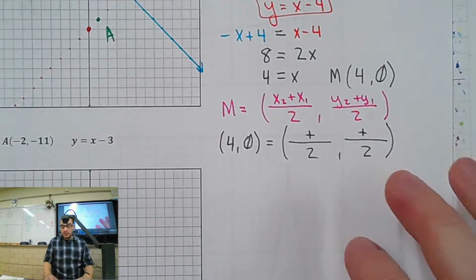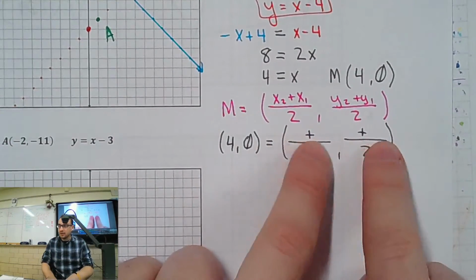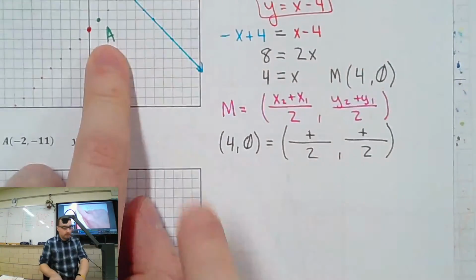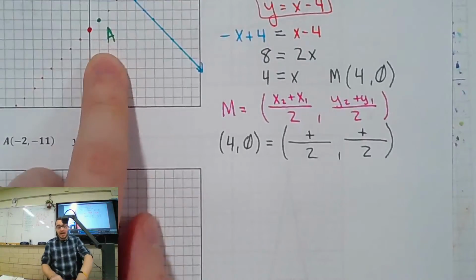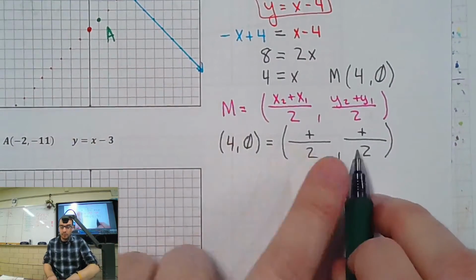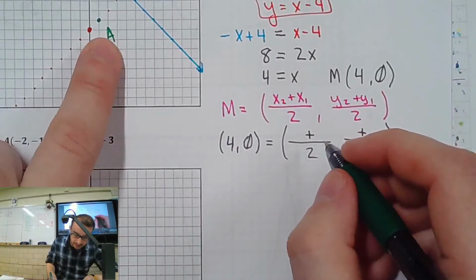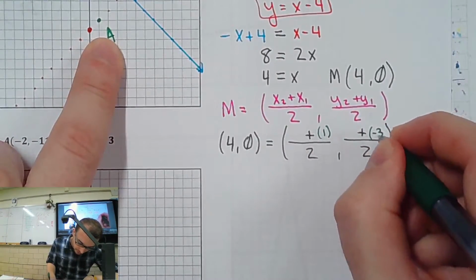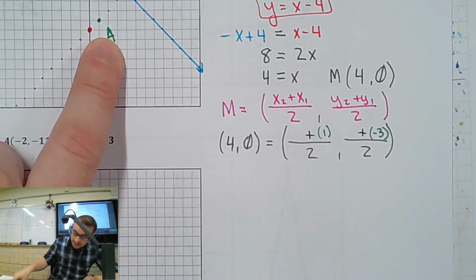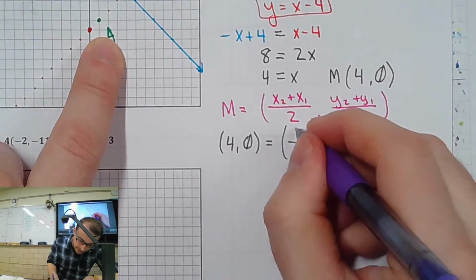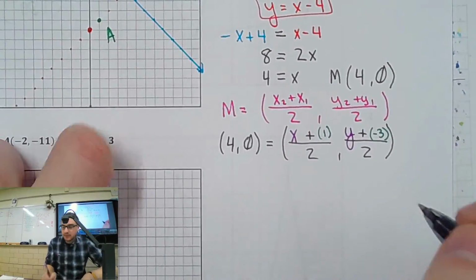Now, normally when we do midpoint, we plug in the stuff here, and it gives us the midpoint. Well, we already know our midpoint, and we know one of the endpoints. It's A, the point they gave us. So we already know one of our endpoints. I'm going to plug in my endpoint A here, 1 for x, negative 3 for y. I don't yet know these guys, so I'm going to leave them as x and y.